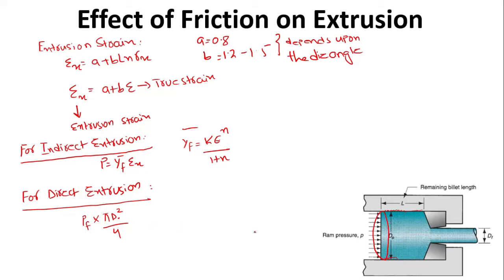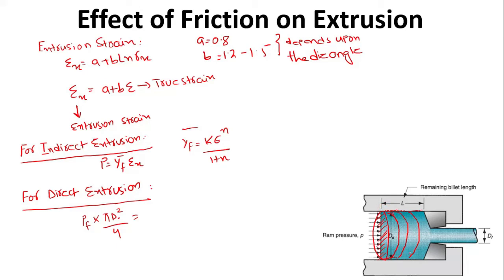So that extra pressure is being exerted on this cross section, because we are exerting this extra pressure to overcome the friction. So which friction? The friction that is acting along this whole surface of the billet and the container interface. Obviously the container is also a cylindrical body, and this billet is also a cylindrical body, so they are in contact with each other along this whole circumference.